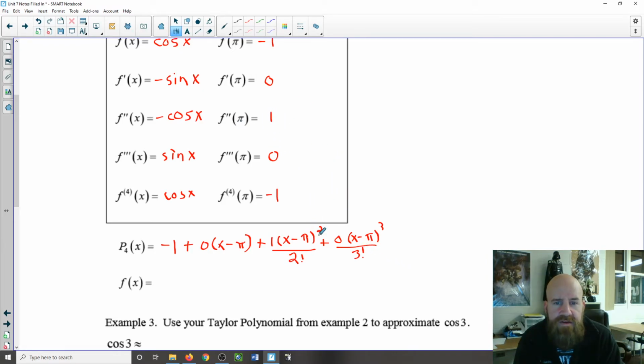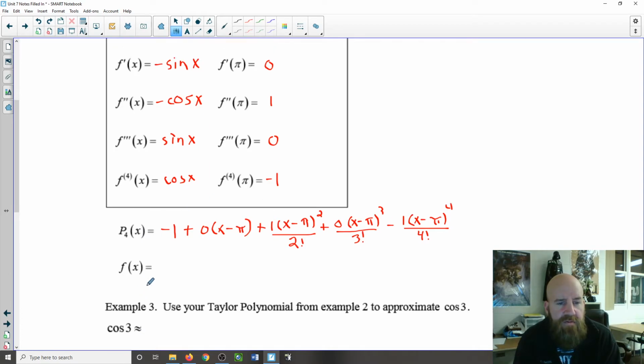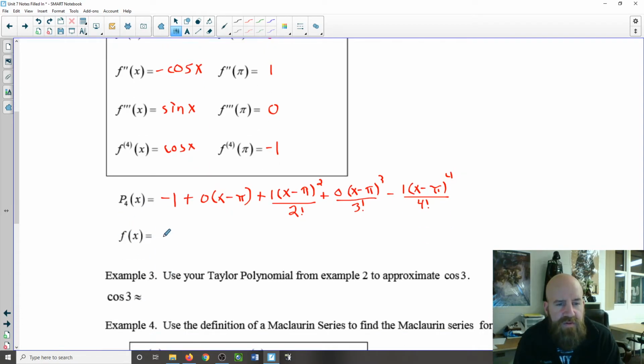The next one would be that negative, so we have minus 1 times x minus pi, to the 4th, all over 4 factorial. All right, so 4th degree Taylor, that's where we're at. And now we can write this out simplified.